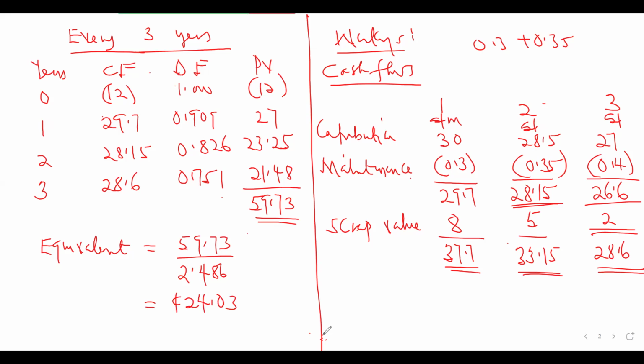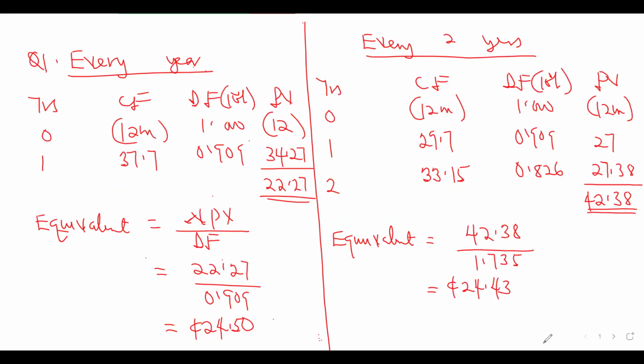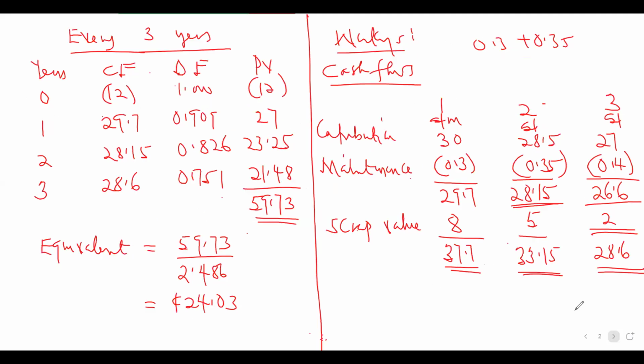So looking at the equivalent NPVs, if you are replacing every year, every 2 years, or every 3 years, which of them are you going to recommend? Because this is not cost. You can see that this is actually inflow. It's not cost where you say they should pick the lowest one.